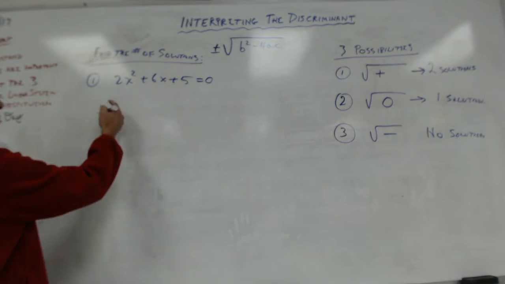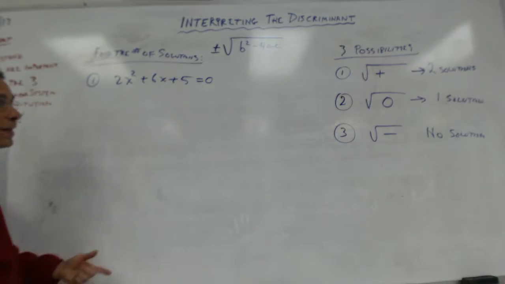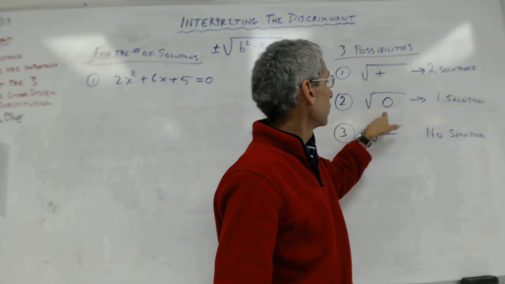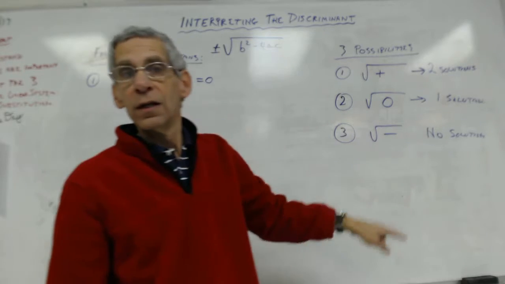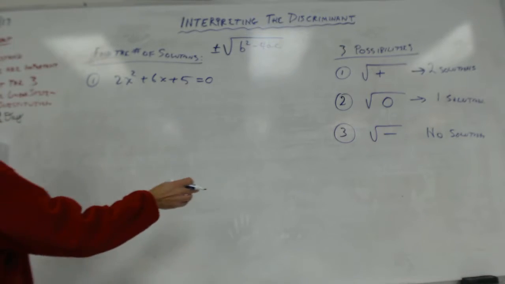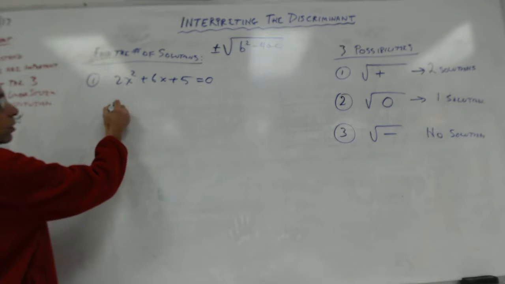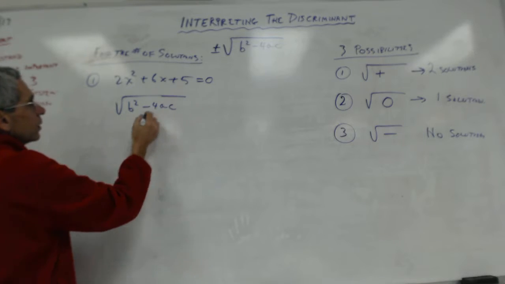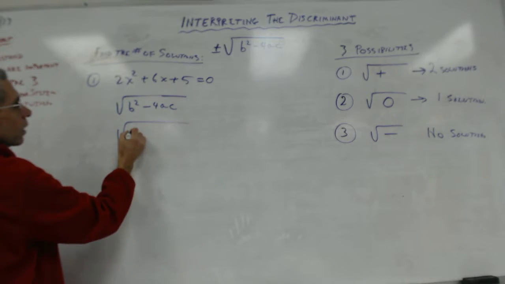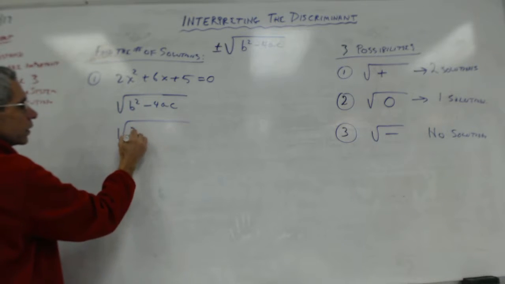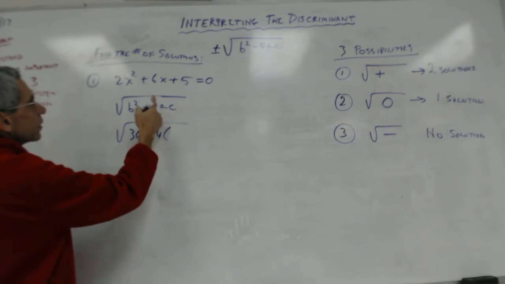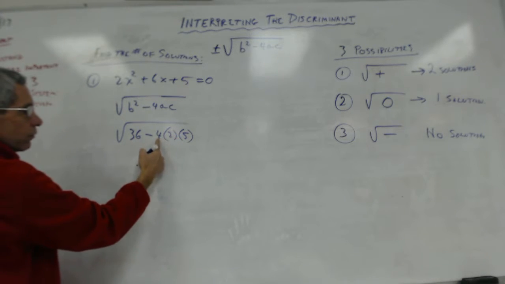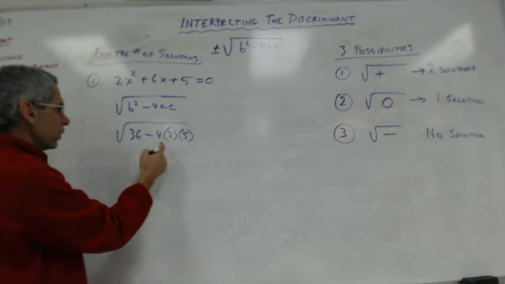Immediately I go straight to my discriminant because that will tell me how many answers there are. If it's positive, there are 2 answers. If it's 0, it's 1 answer, and if it's negative, there are no answers. So I've got b squared minus 4ac: 6 squared, 36, minus 4 times 2 times 5. 4 times 2 is 8, 8 times 5 is 40.